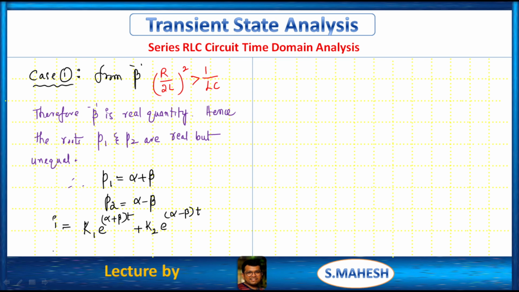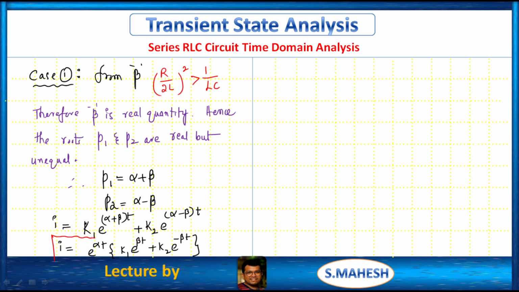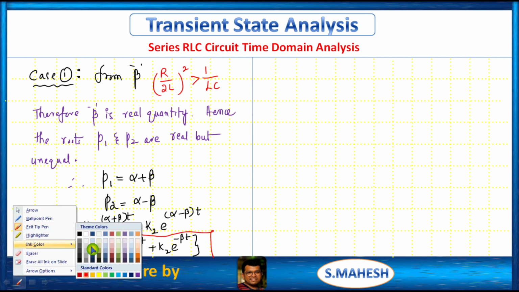From this we can get I equal to e power alpha t into K1 into e power beta t plus K2 into e power minus beta t. That's it. This is the response for case 1. Like that, case 2 we have to discuss.